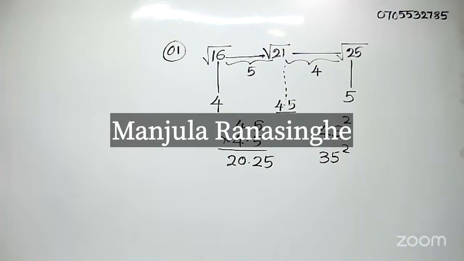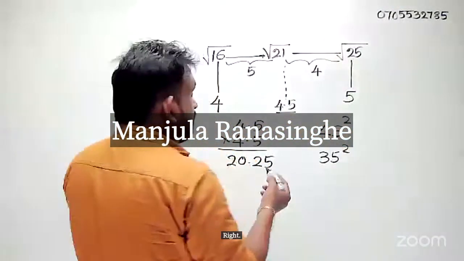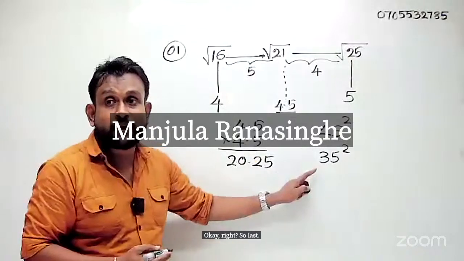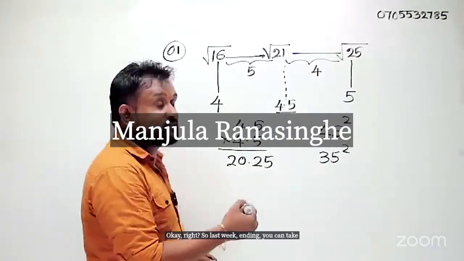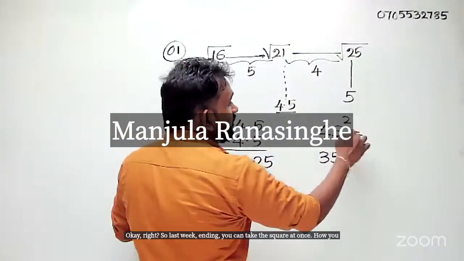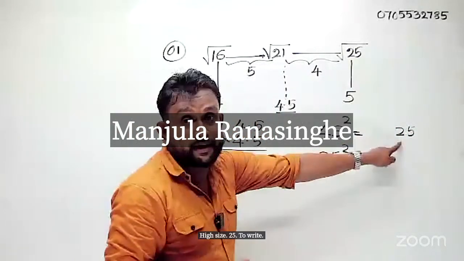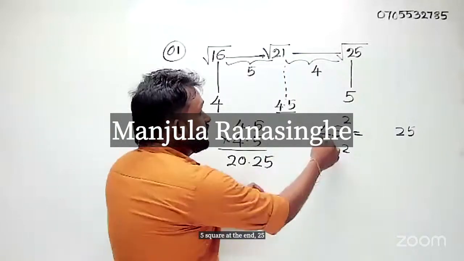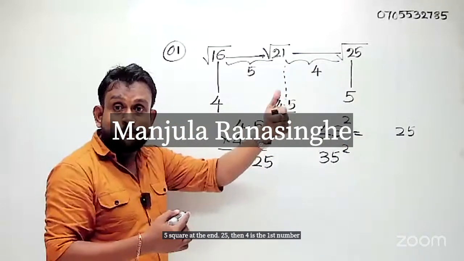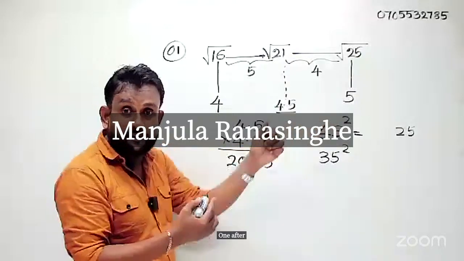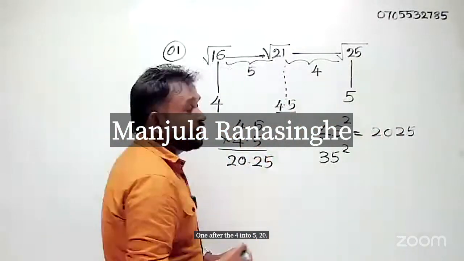When the last digit is 5, you can take the square at once. That is a trick. 5 squared is 25, so you write 25 at the end. Then the first number is 4; multiply it by the number after it, 4 into 5, 20. So 2025.